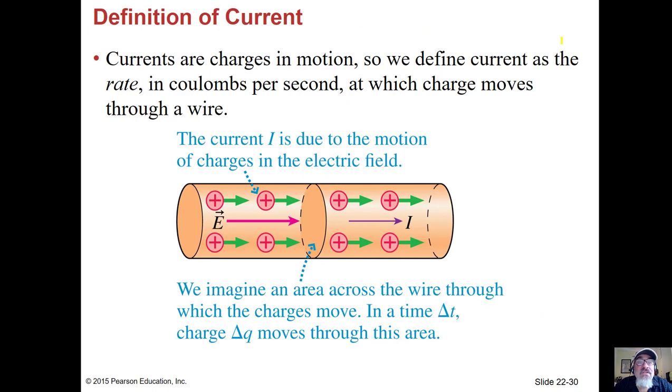Currents are charges in motion, so we can define current as a rate, in coulombs per second. How many coulombs per second pass through a cross-sectional area here? That means how much charge, delta Q divided by delta T. That's what current is.